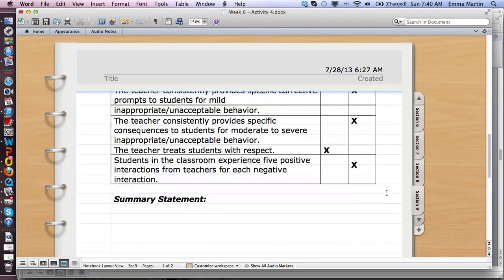And then we're able to come up with a summary statement specific to that. Okay, so take a moment, write down what you think is a good summary statement, and then we'll compare notes.